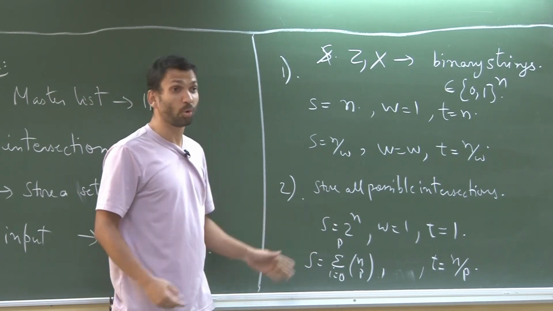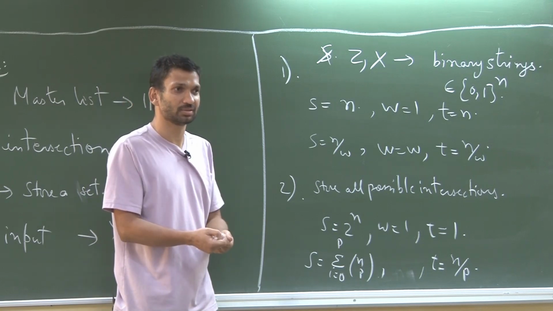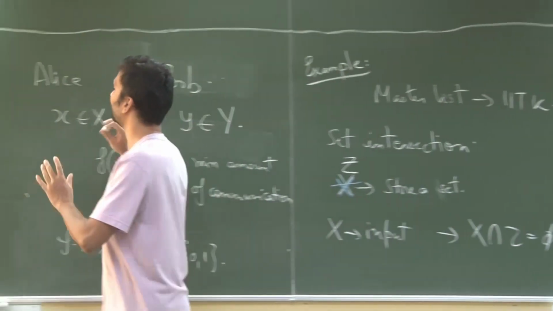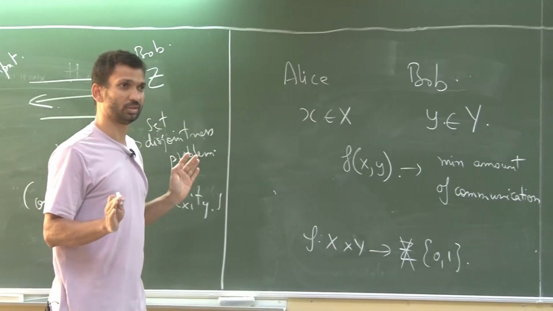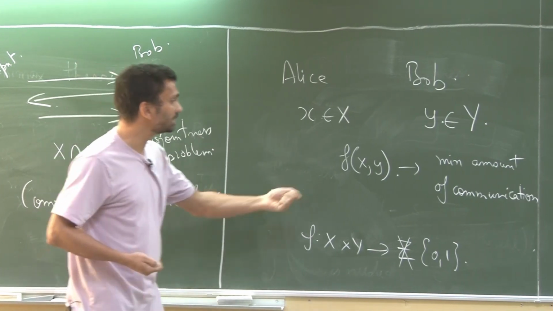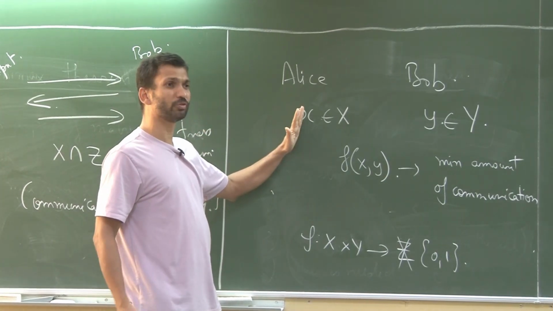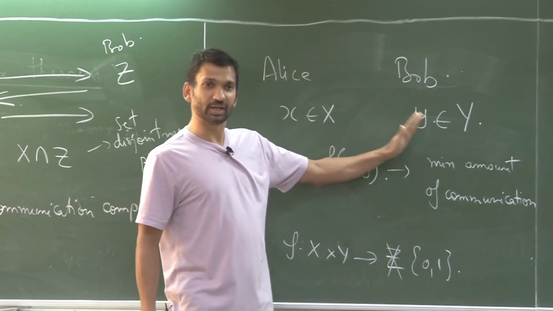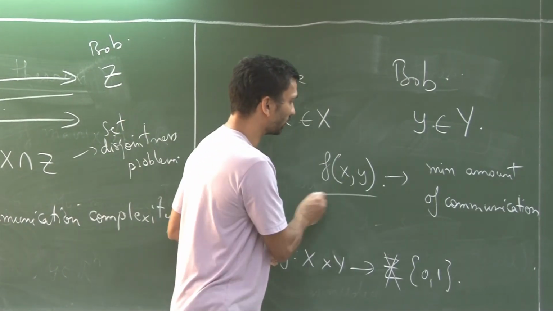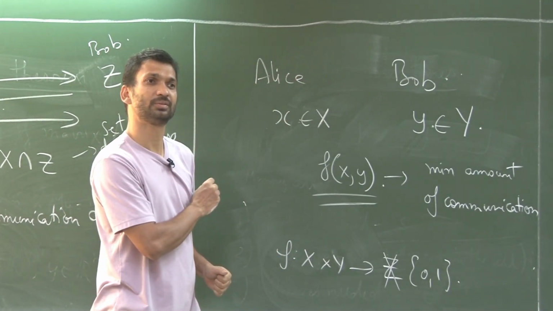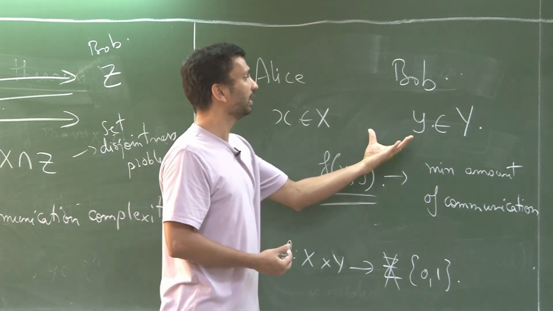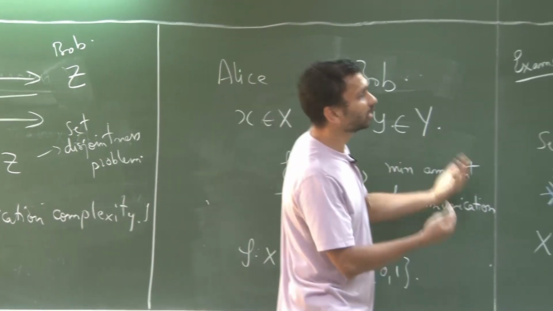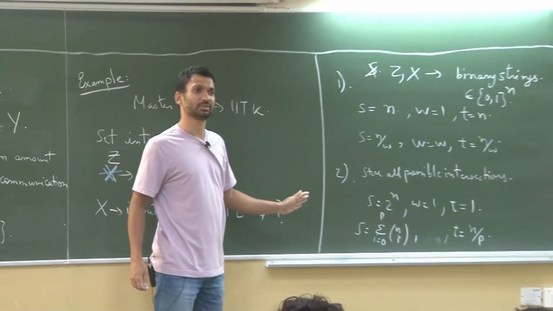I never said how expensive it is to calculate the intersection. So to capture all these kinds of data structures, I am here saying I assume these are all powerful. The inherent difficulty in this task is that some part of information of X should get transferred to Bob, or some part of information of Y should get transferred to Alice if they want to calculate f(x,y). And since they want to calculate f(x,y), they will have to create some amount of communication. If you give a lower bound here, it will give you a lower bound for this kind of task.